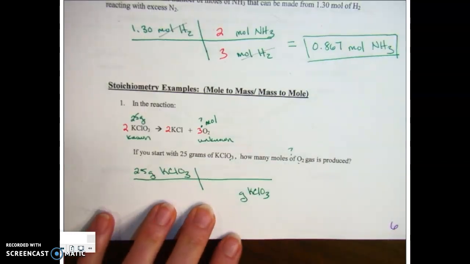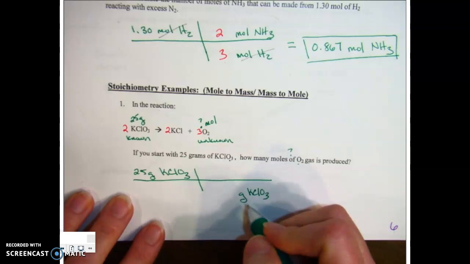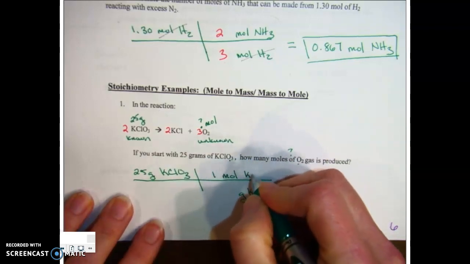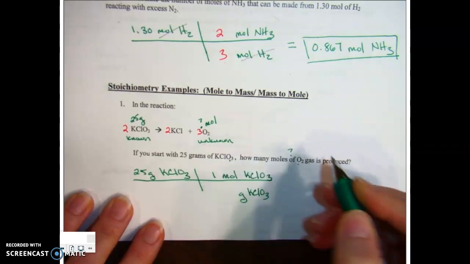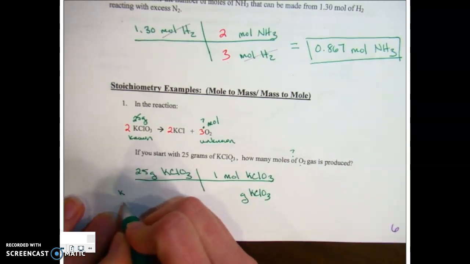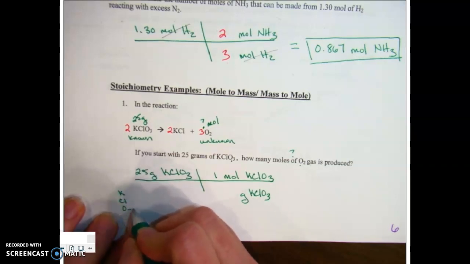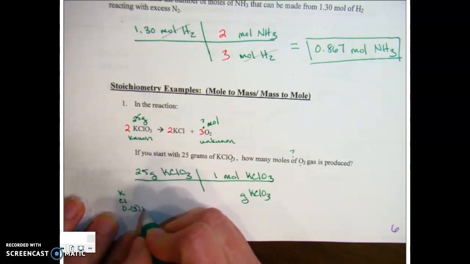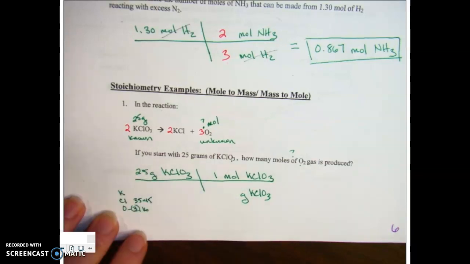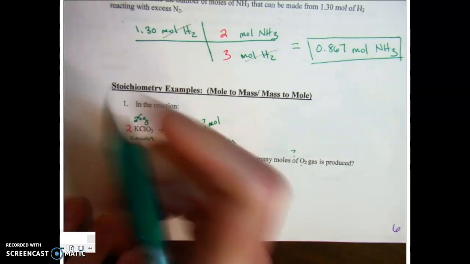So how many grams of potassium chlorate are in 1 mole of potassium chlorate? This is a little side problem. You would look up the mass of potassium, chlorine, and then 3 oxygens. It's going to be, and potassium, I forget, let's see, it's 39.10.